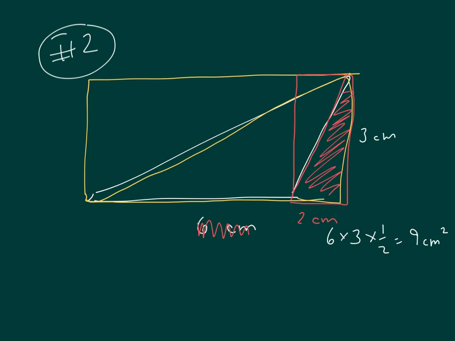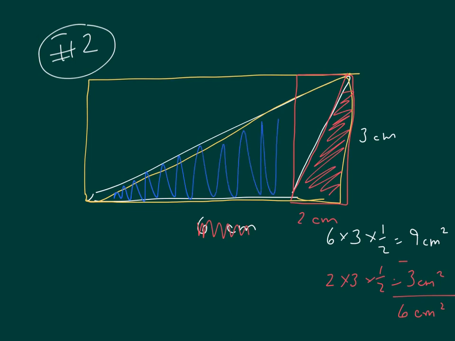Write that below. 2 times 3 times 1/2, which equals 3 centimeters squared. When I subtract those two things, I'm left with 6 centimeters squared, which is my final answer for finding the area of this triangle right here. So it's kind of a long way to solve that problem, but it is effective and it works.